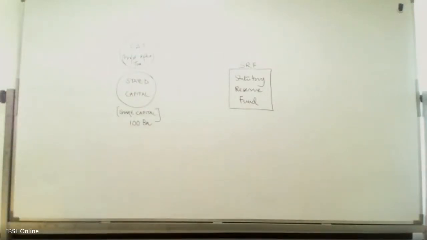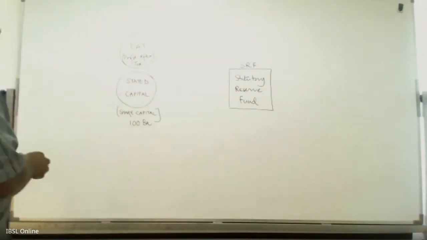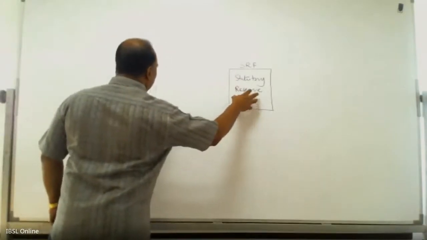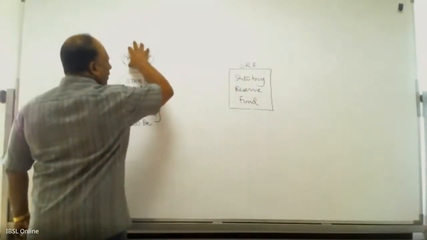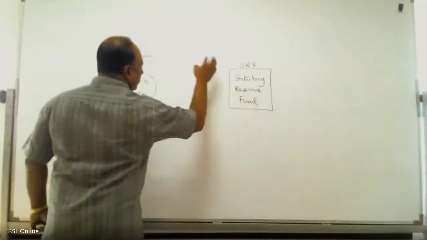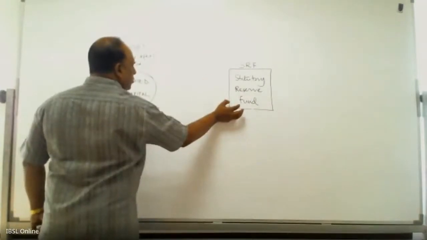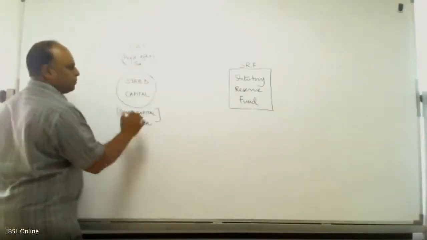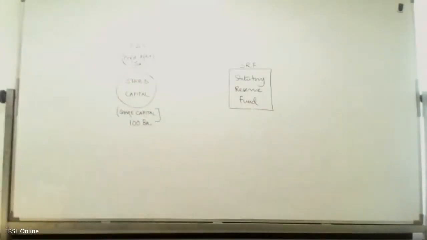Now the objective of the statutory reserve fund is that you have to build it up by transferring from your profit after tax a certain amount so that it becomes equal to this.